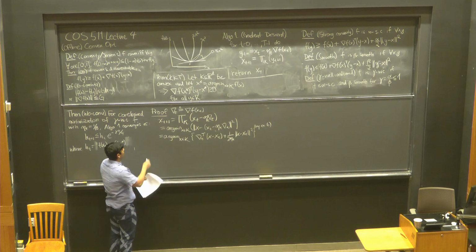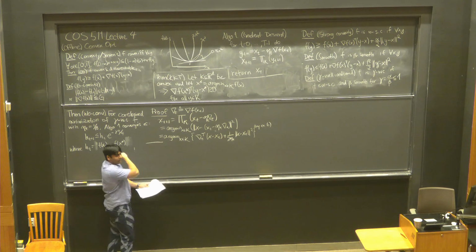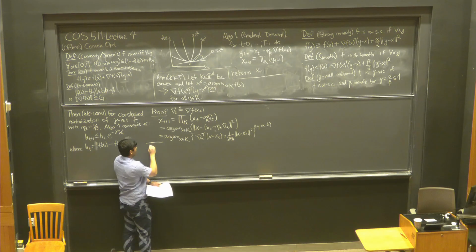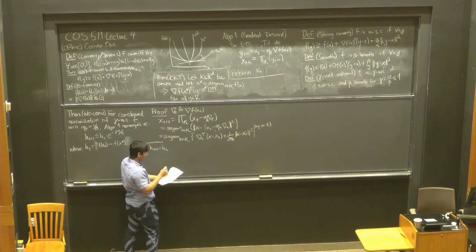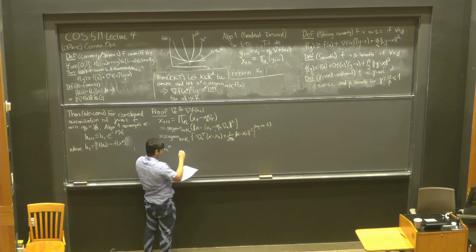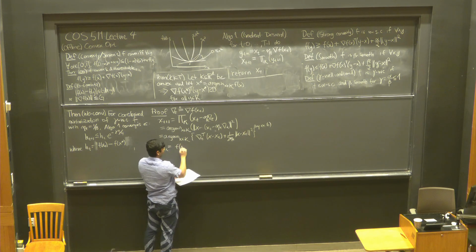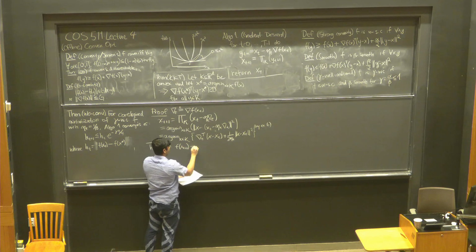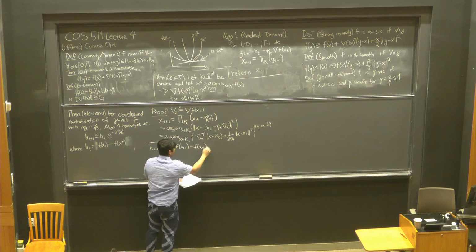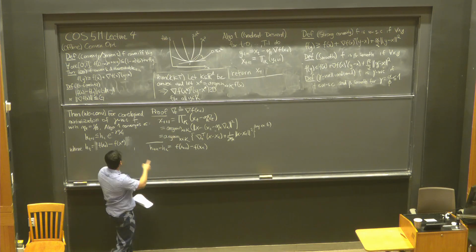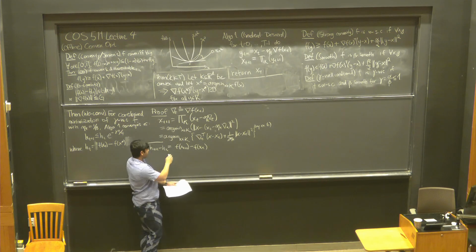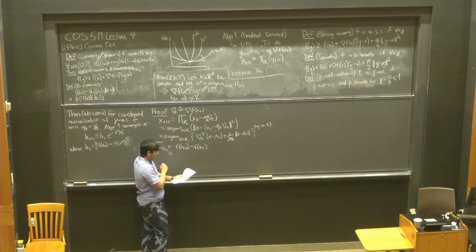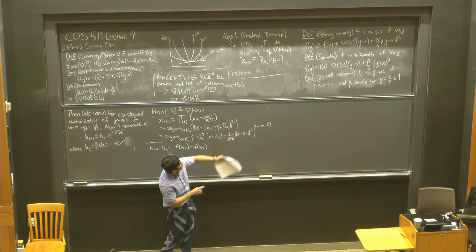Great. So now let's track how h changes. So h is just the difference in function values. The difference in h is the same as the difference in function values by definition. And then by smoothness, we're going to use smoothness.